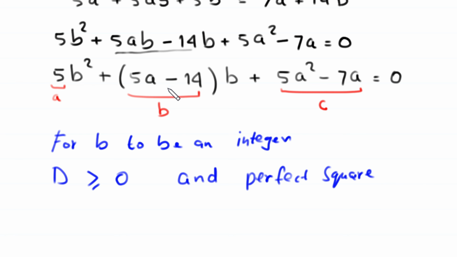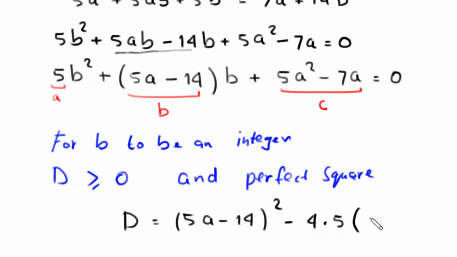So the discriminant of this quadratic equation is equal to (5a minus 14) squared minus 4 times 5 times (5a squared minus 7a).